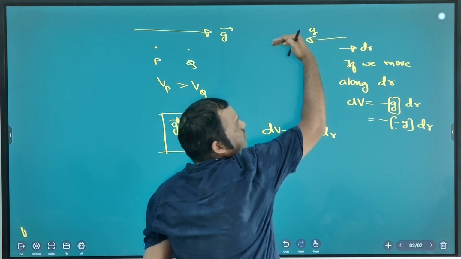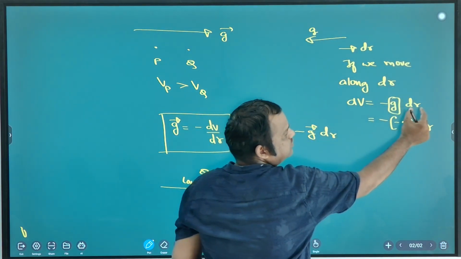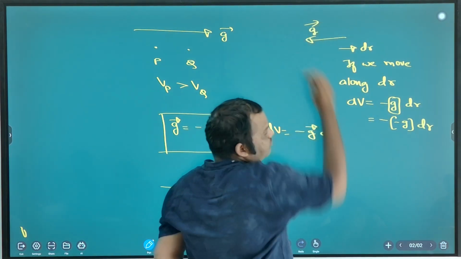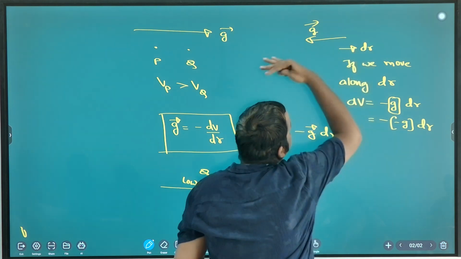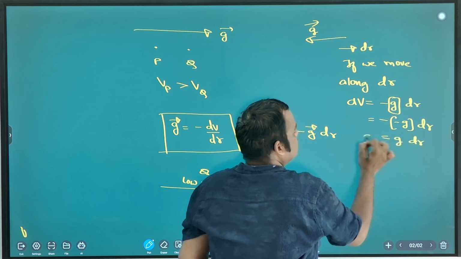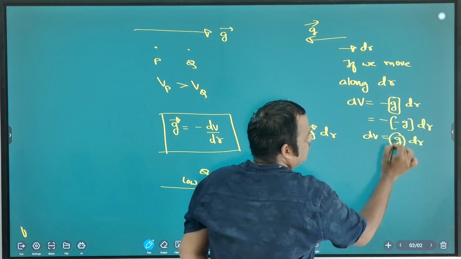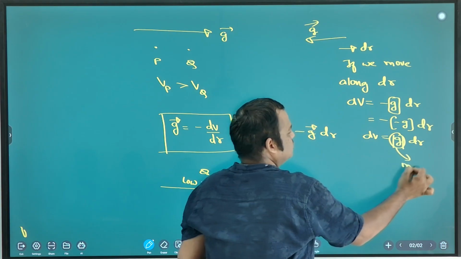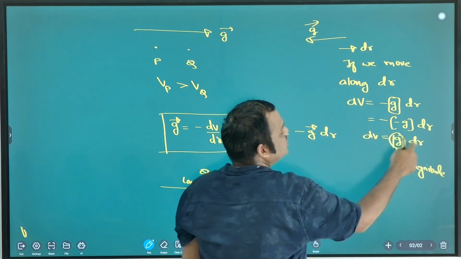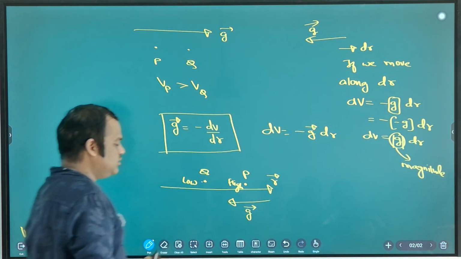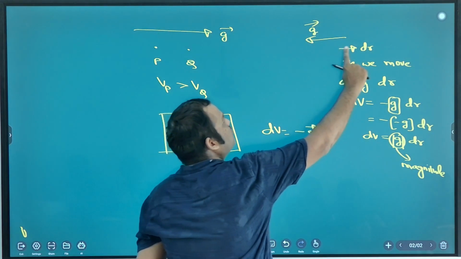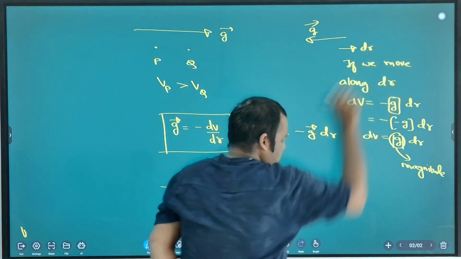G is leftward, dr is positive, so it is minus G. Minus minus is plus, and this is the magnitude of G. So dV is equal to G dr. Opposite to the field, potential increases. If I move opposite to the field, potential is increasing.